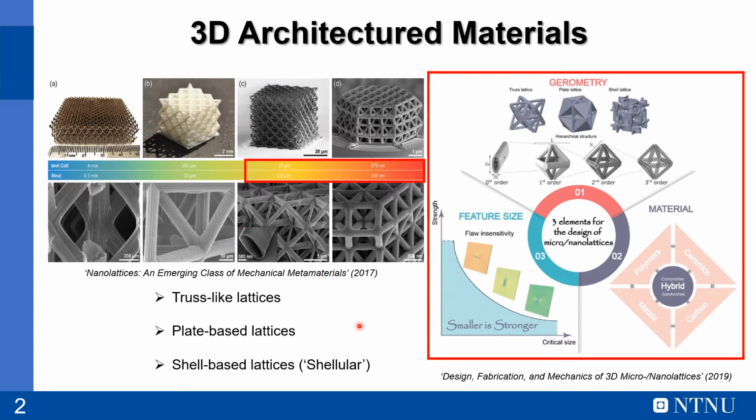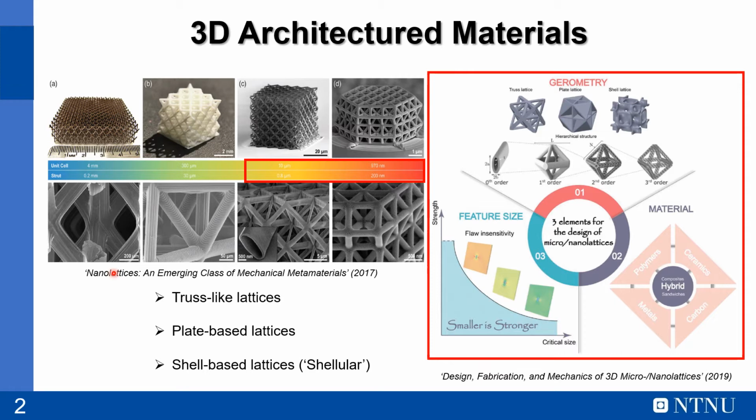Of course, there are a lot of classifications for 3D architecture materials. The first classification which appeared in literature was made by Ashby and Atkinson, about random or periodic forms.